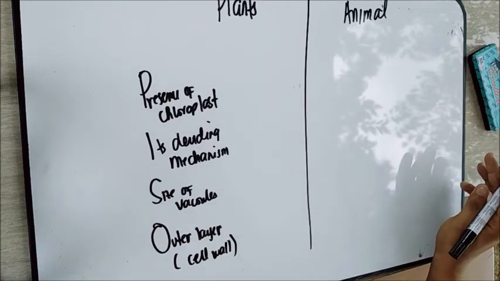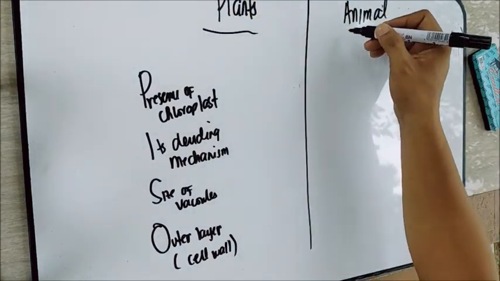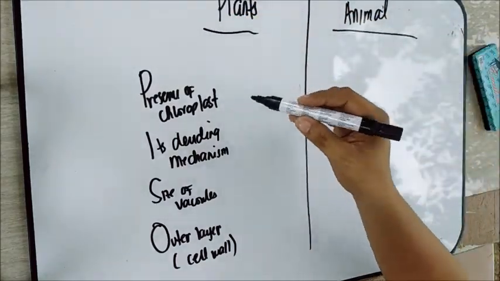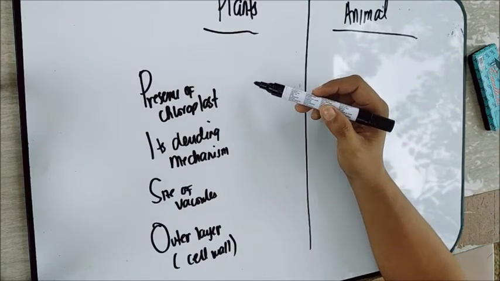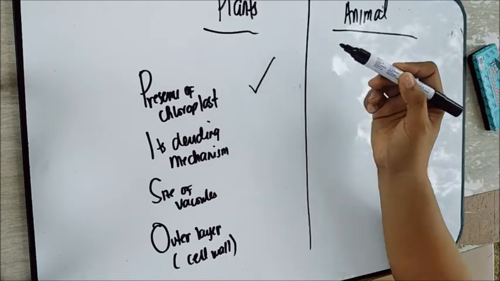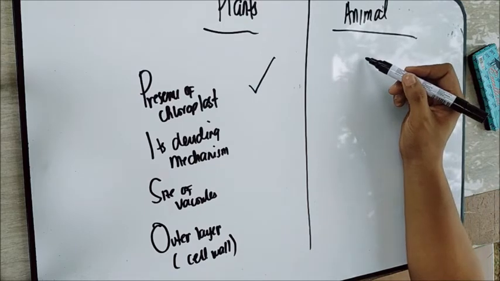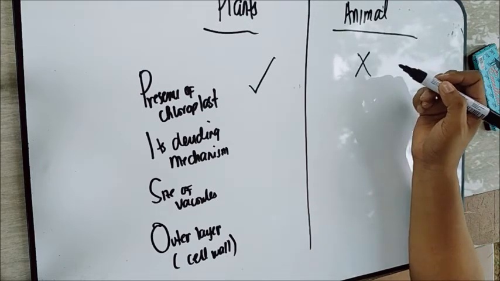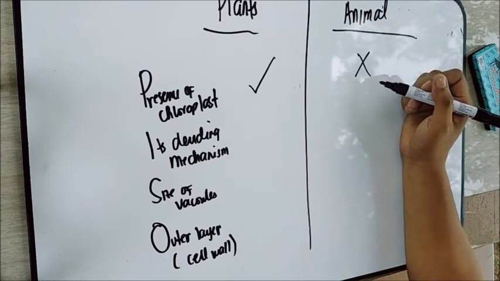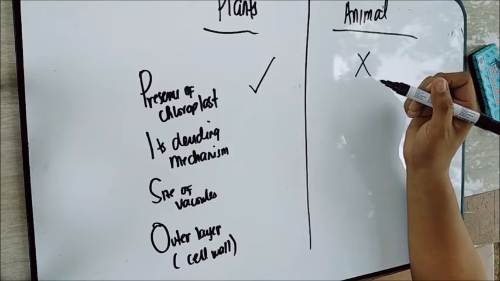Now, for the plants and animal cell here, for the presence of chloroplast, always remember that plants contain chloroplast. On the other hand, animals don't have. So there is absence of chloroplast in the animal cell.